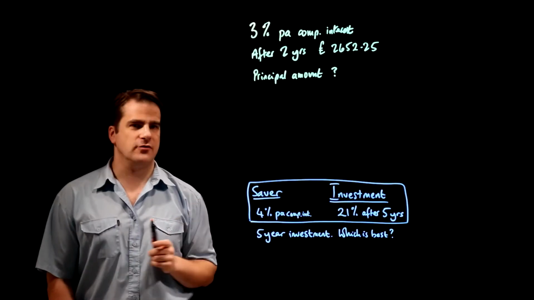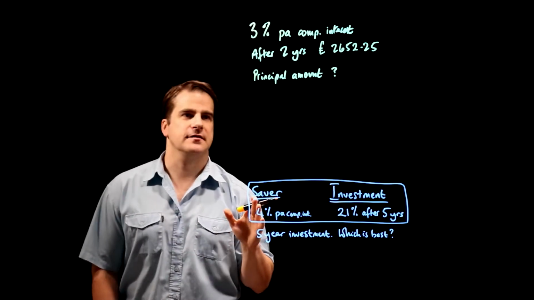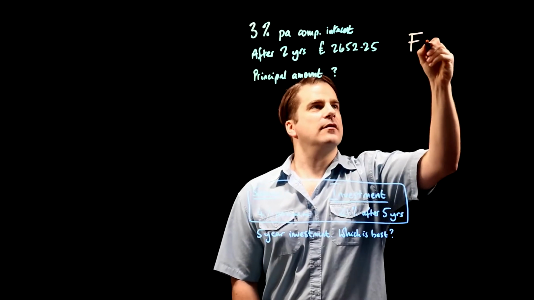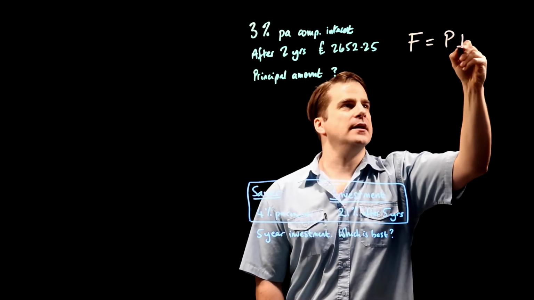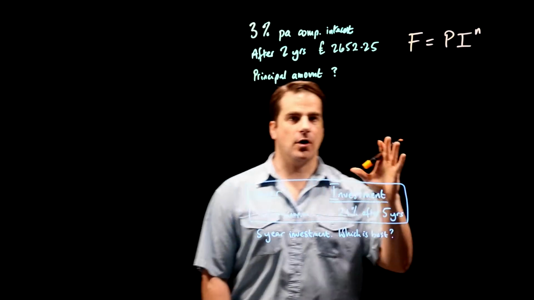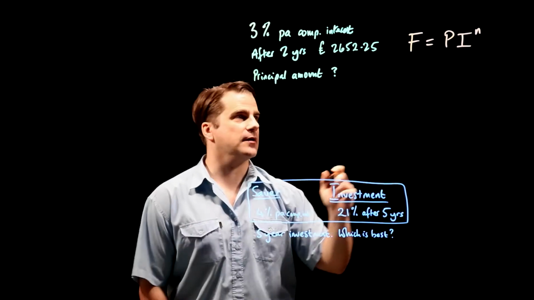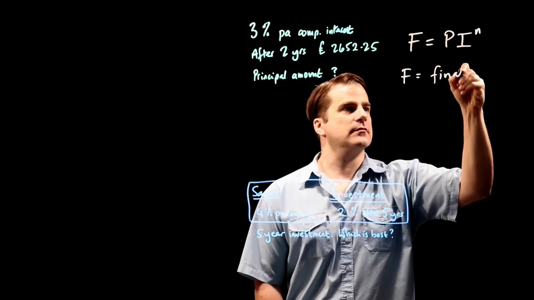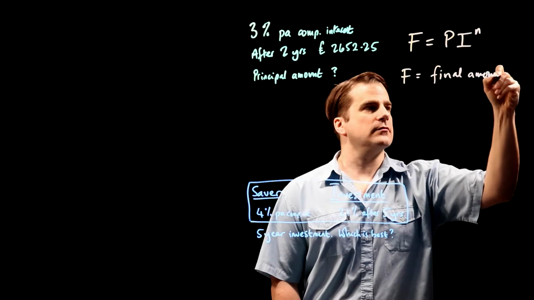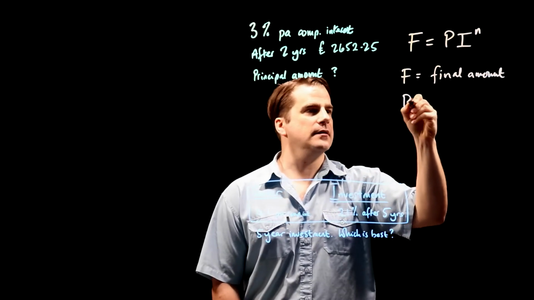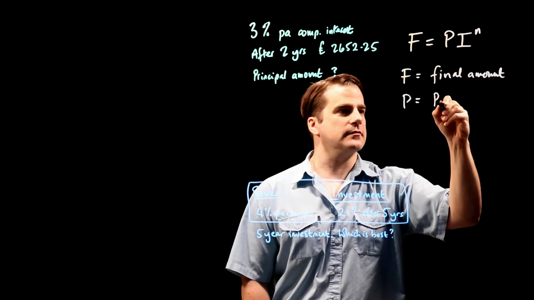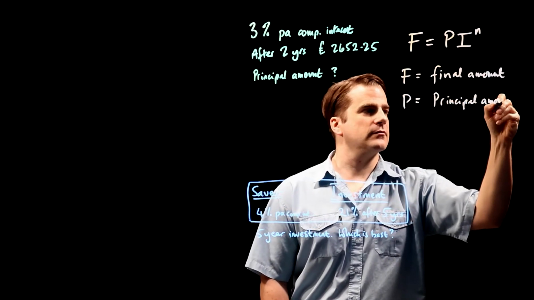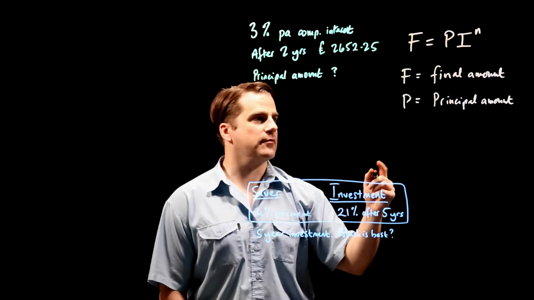Right, this is a compound interest question, which means we're dealing with PIN. F equals PIN. The compound interest questions, remember this formula. F is the final amount. P is the principal amount, how much you start with.